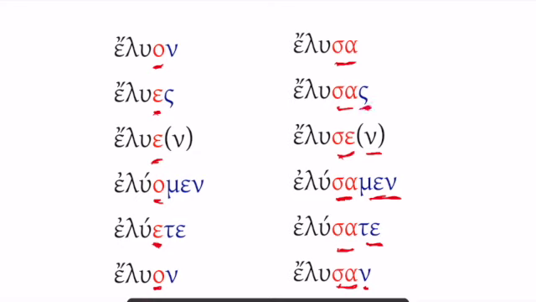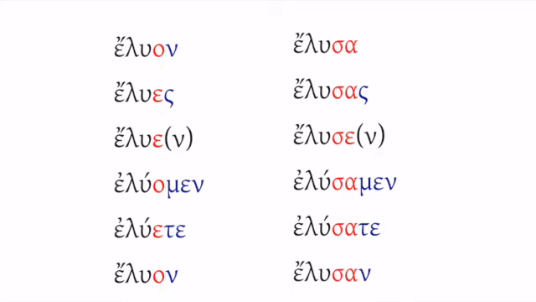In our first person singular, that nu drops off, so we get no ending with the first person singular. So eluon, elues, eluen; our aorist is elusa, elusas, elusen. And then the plural eluomen, eluete, eluon, and the aorist plural elusamen, elusate, elusan. Pretty straightforward, very similar to the imperfect. We get the augment, the tense stem, our tense formative sigma alpha, and then our endings.